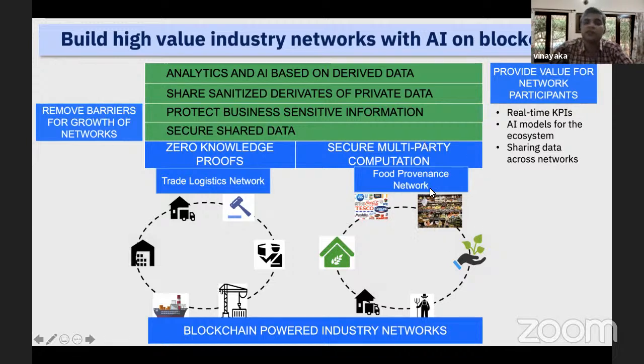And you might have another network, let's say a food provenance network, wherein you track where all the food has come from.